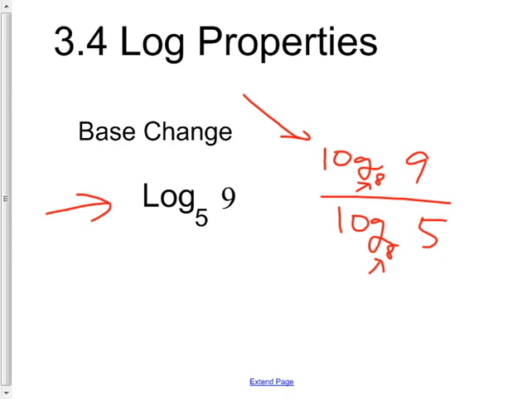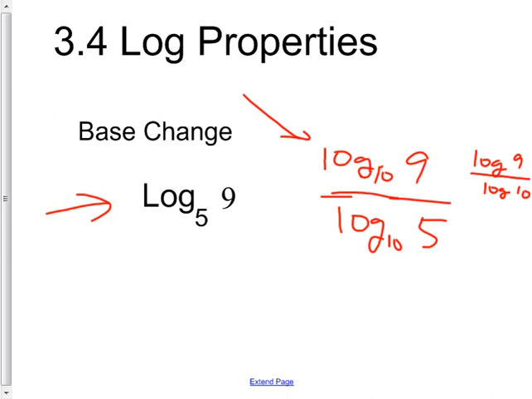But let's talk about it in terms of base 10, because you'll understand that more. Do you get that this could be base 10? It could be base E, it could be base anything, but I'm going to use base 10 now. Now, what you're saying is that this could be broken in again as log 9 over log 10, right?